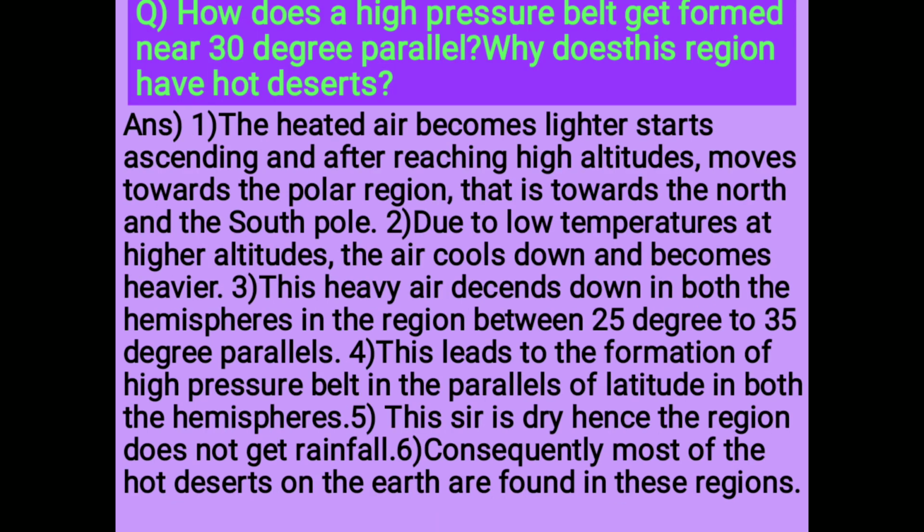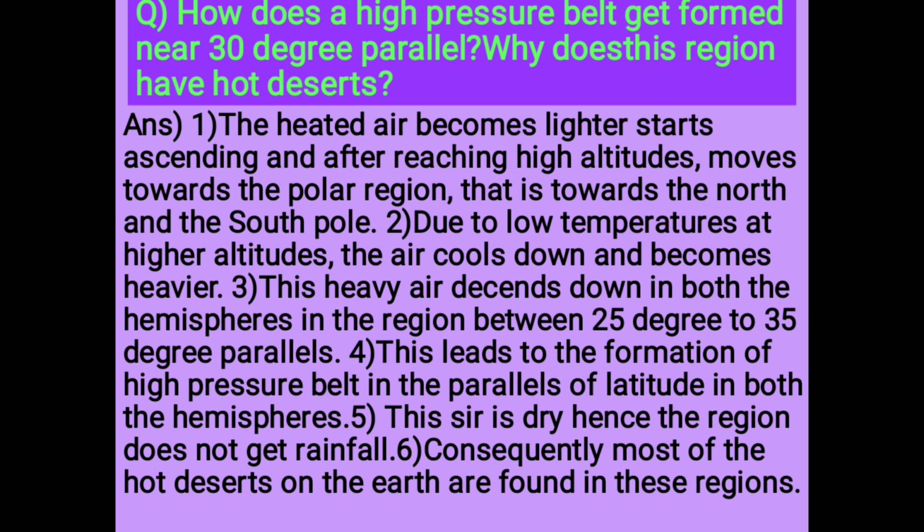How does a high pressure belt get formed near 30 degree parallel? Why does this region have hot deserts? Answer in points. Point number 1, the heated air becomes lighter, starts ascending, and after reaching high altitude, moves towards the polar region, that is, towards the north and the south pole.